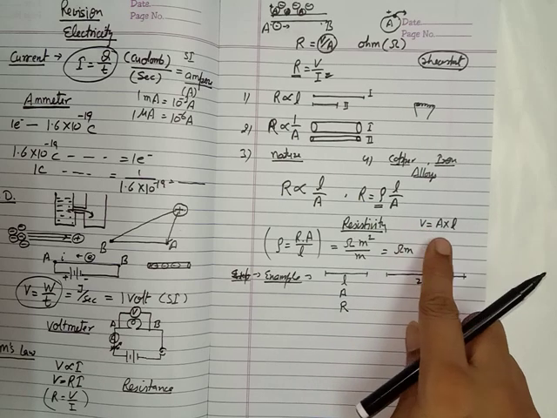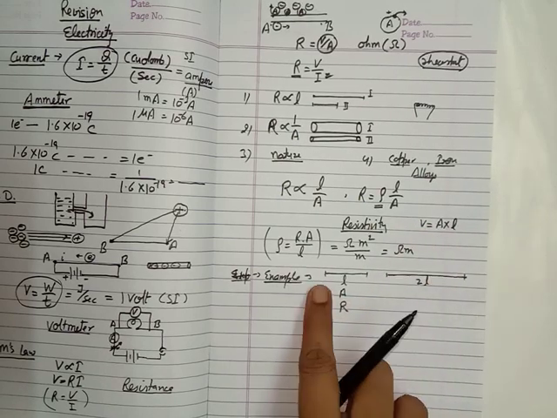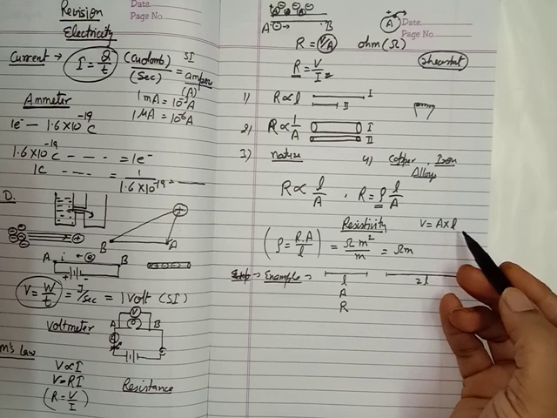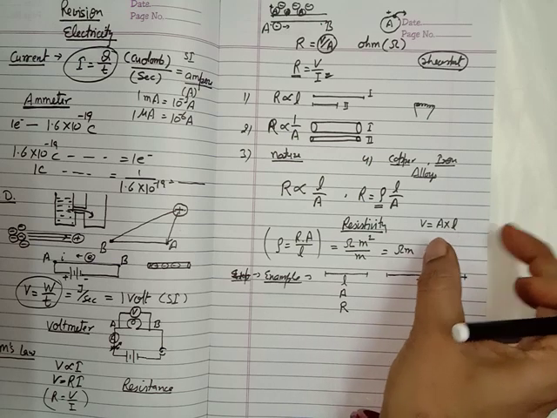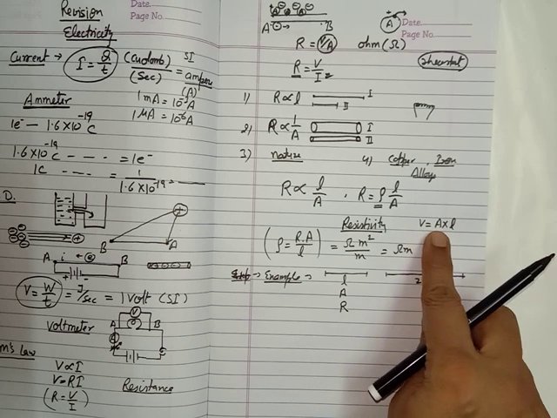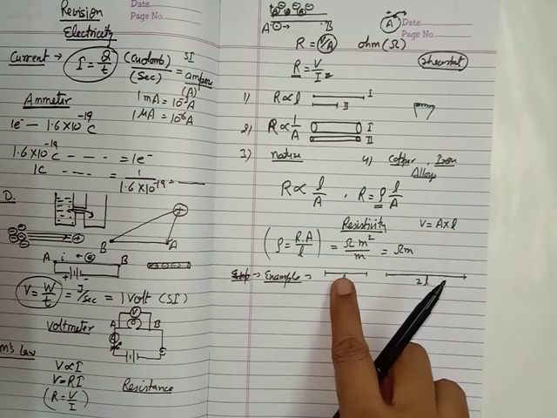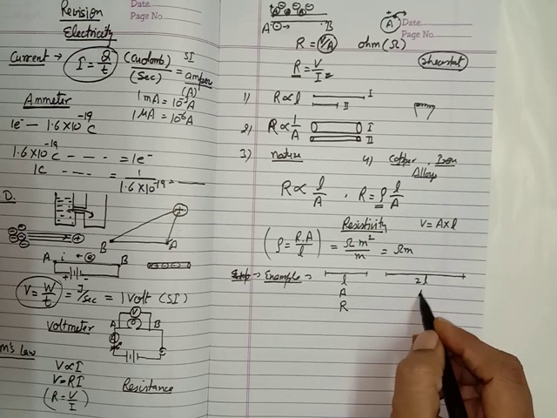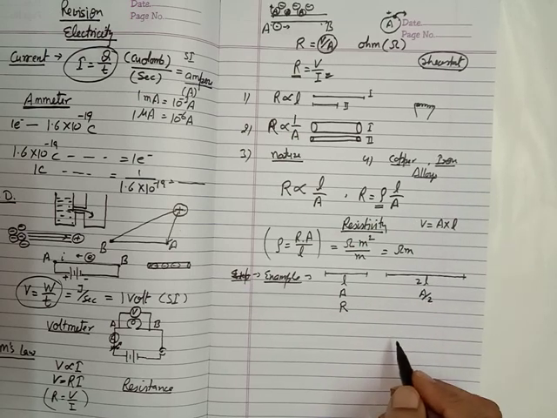So volume is equal to area multiplied by length. If we double the length of this wire, the cross-sectional area becomes half, because the volume of the wire is not going to change. So the cross-sectional area of this wire will now be A upon 2.